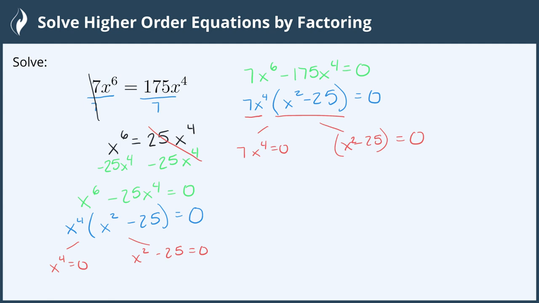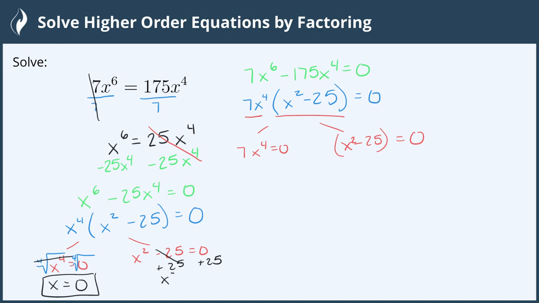On the left equations, x to the 4th equals 0, we'll take a fourth root to negate our exponent of the 4th. So we end up with x equals, and the fourth root of 0 is just 0. So that's one answer. On the second equation, we will need to add 25 to both sides.